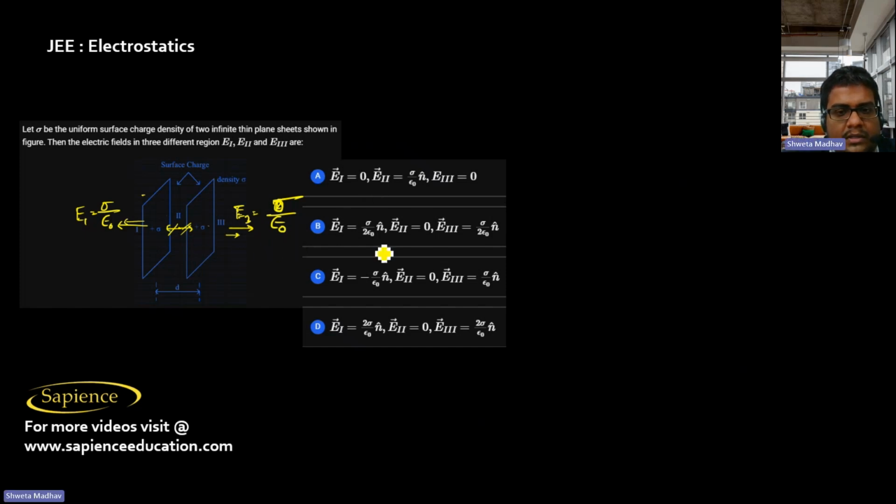So E1 will be negative, obviously, since it is towards the left, so minus sigma by epsilon naught n cap. And E3 is sigma by epsilon naught n cap. And E2 will be 0. Option C is the correct answer.